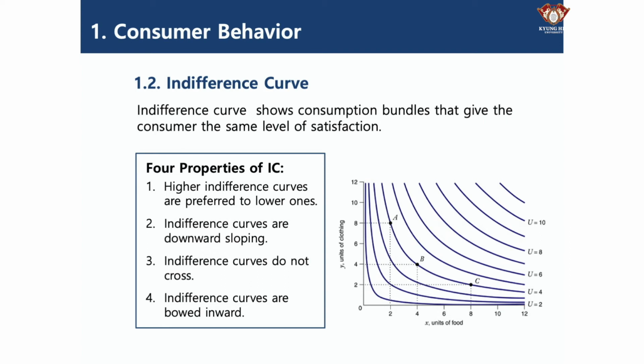The indifference curve shows combination bundles, A, B, C, D, F, G, lots of combinations, that provide you the same level of satisfaction, U equals 4. Okay, that is the definition of an indifference curve.